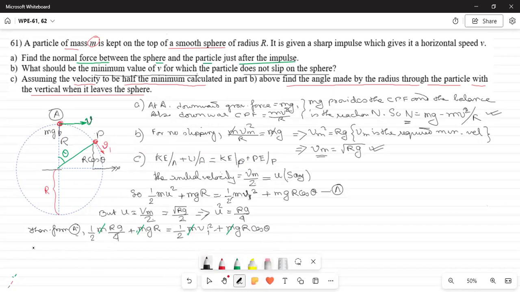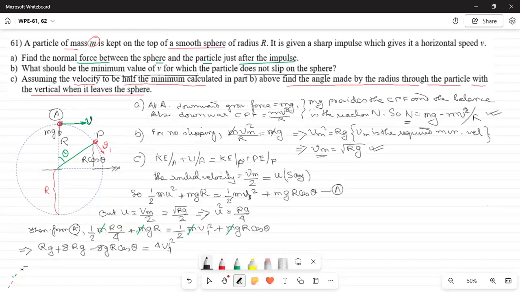Let's continue here. So from here we get, if I multiply, Rg plus 8Rg, plus 8gr cos theta is multiplied by 8, is equal to 4 v1 square.